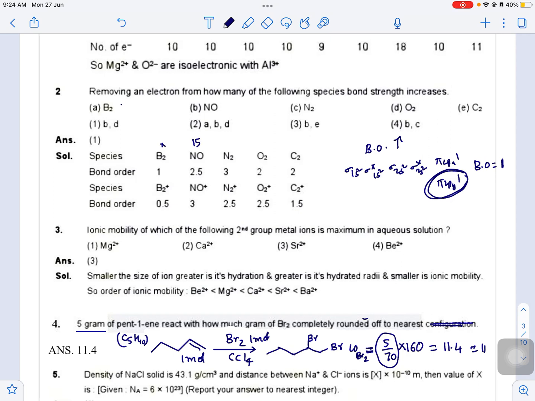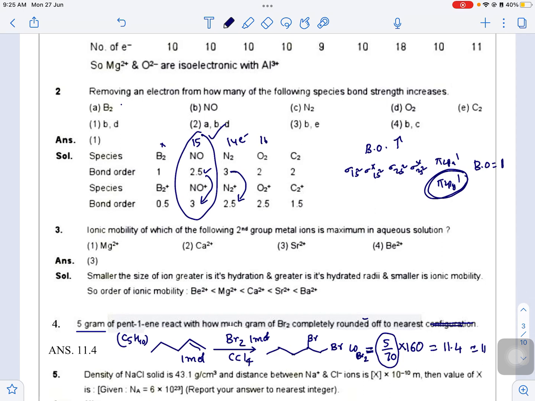NO has 15 electrons. It has bond order 2.5. If we do it in a similar way, when we remove an electron, its bond order is increased from 2.5 to 3. N2 has 14 electrons. Its bond order is decreased from 3 to 2.5 when we remove one electron.